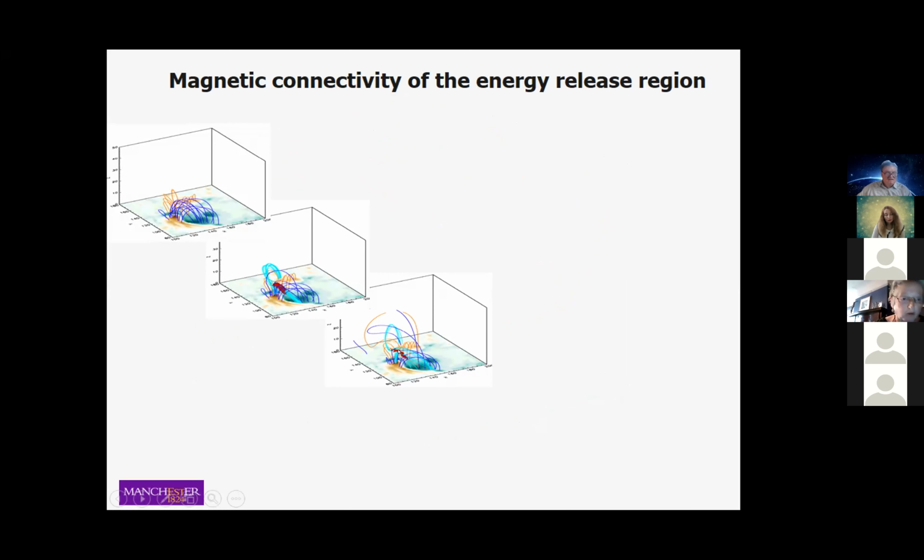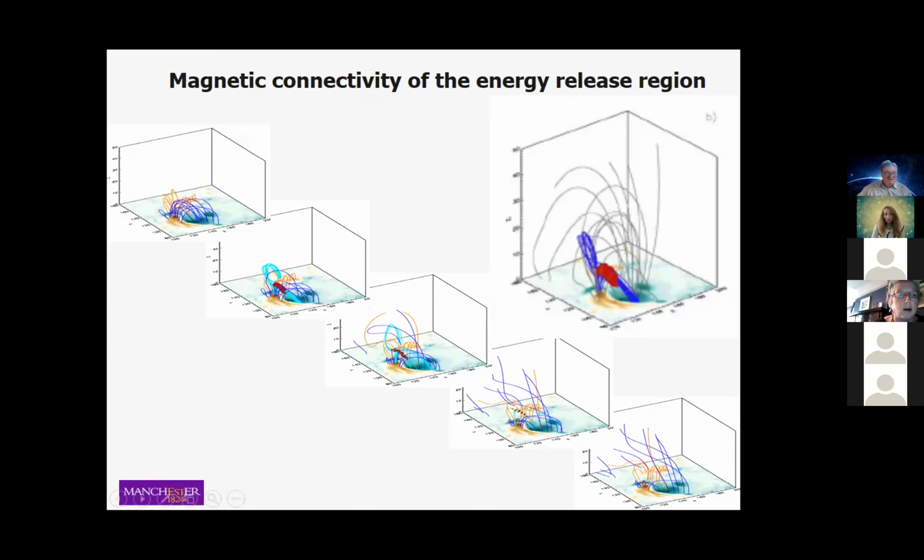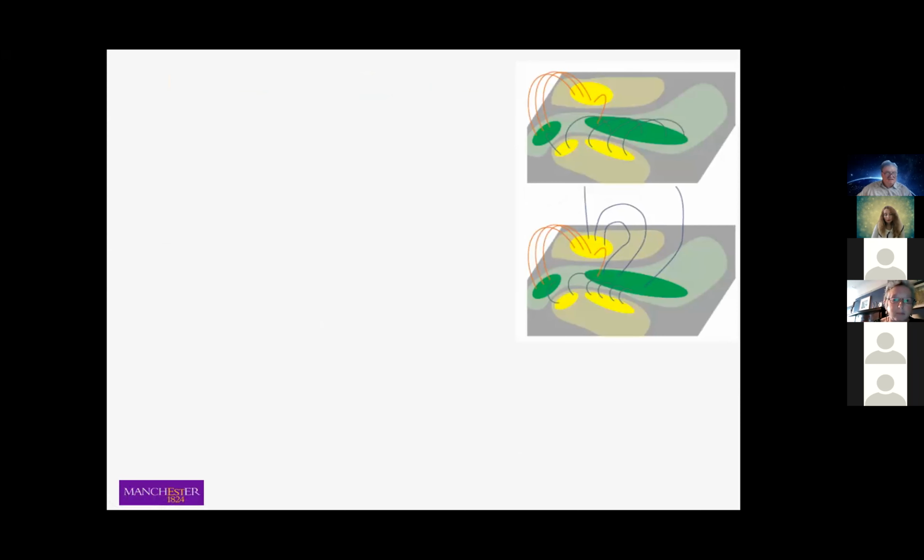The field restructures itself in a fairly complicated way and eventually settles down towards the end of the event. And just to highlight, this is basically the same time shot as there, so you can see it a bit better. This is a blow up of the acceleration region at 80 seconds, which is when most of the acceleration is happening.